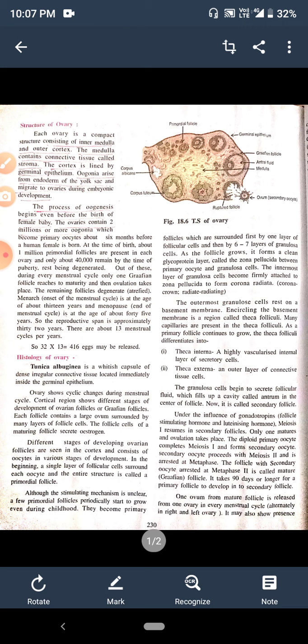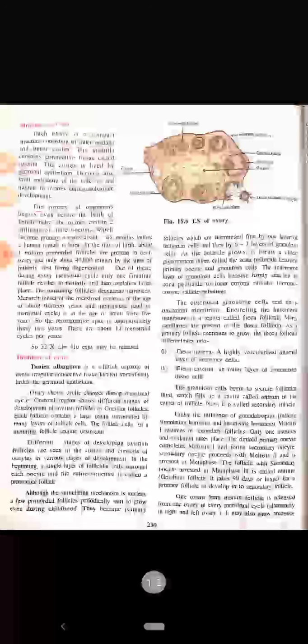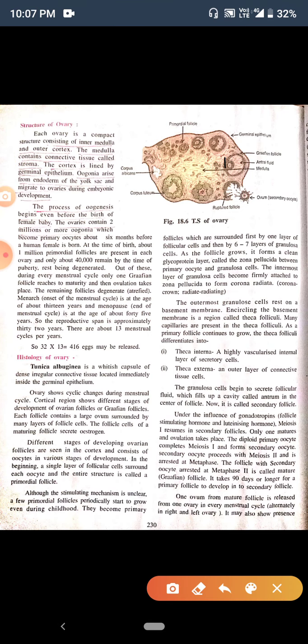The theca interna part is highly vascularized, means it is highly supplied with blood vessels, and the internal secretory cells are present in it, and the theca externa is the outer layer of connective tissue. देखिए अंदर का एक लेयर रहेगा और बाहर का एक लेयर रहेगा.